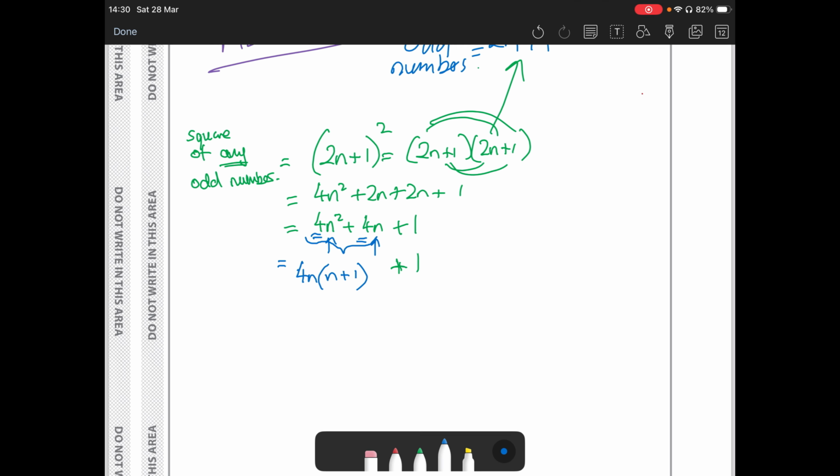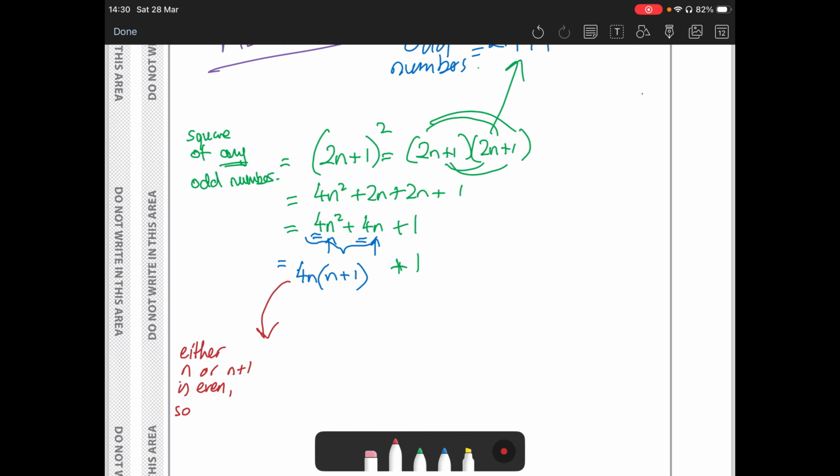Now, check this out. This is a thing of beauty because, and this is where words need to come into play here, you would say either n or n plus 1 is even.